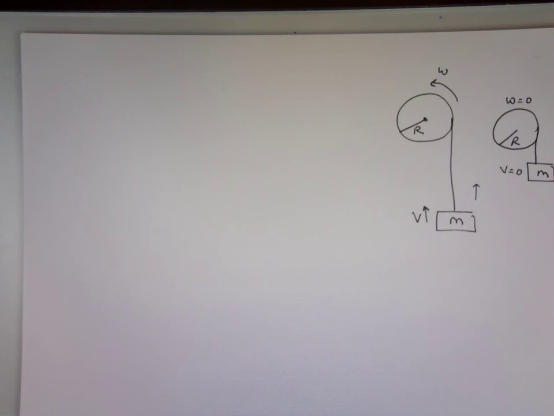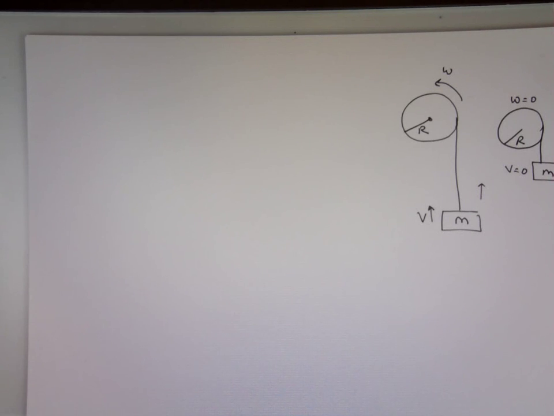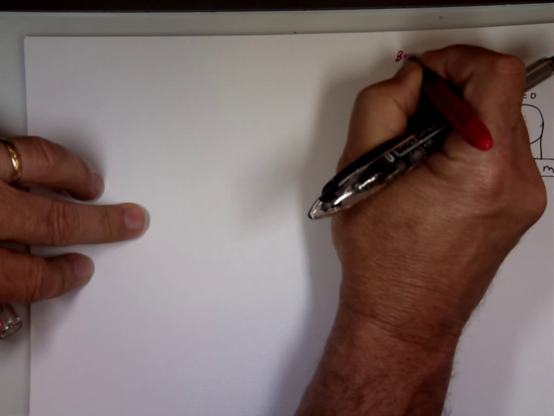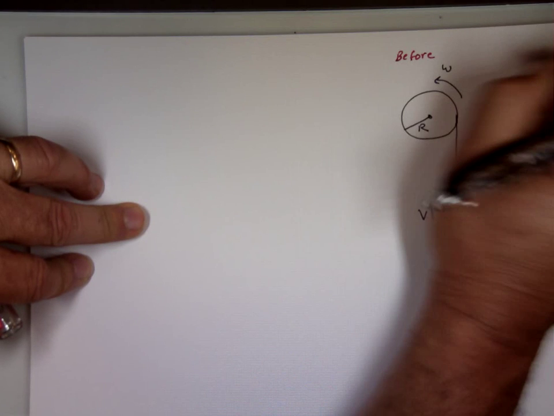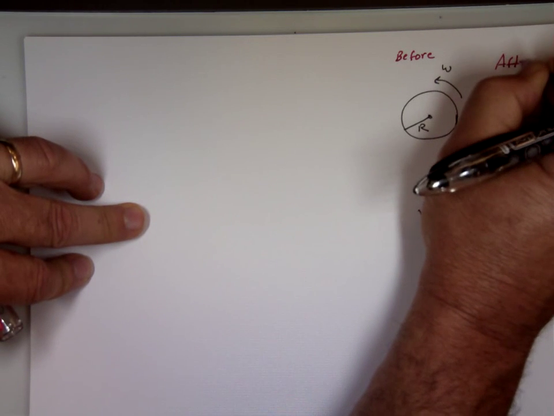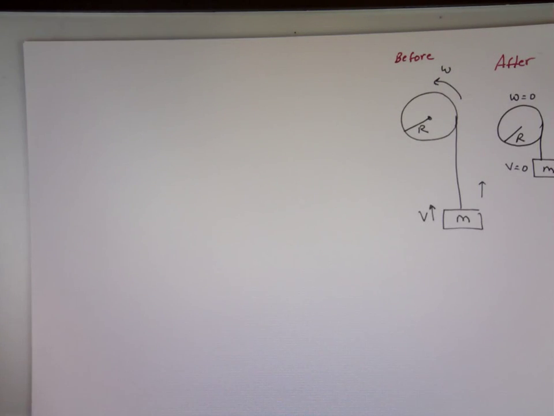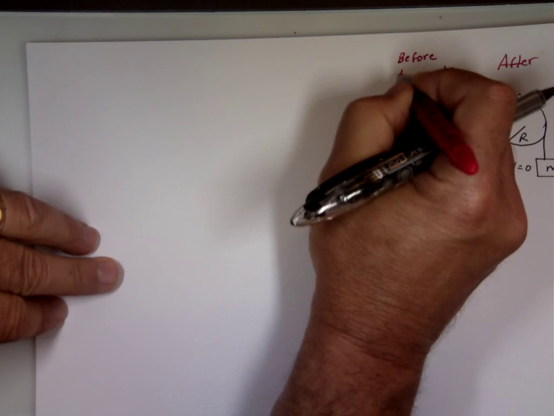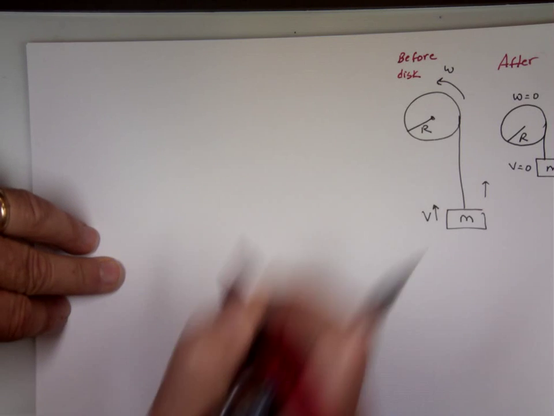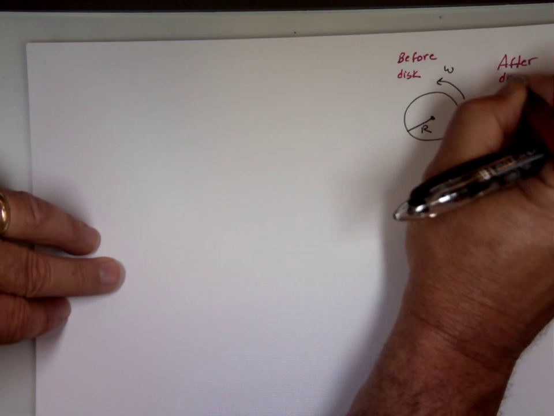Now, this is the before, that's the after. Let me label them. Before, after. The pulley is a solid disc. It's not a hoop, because that's the inertia.